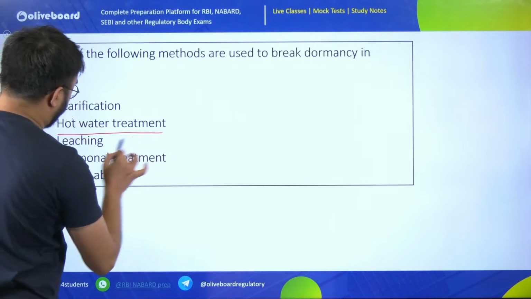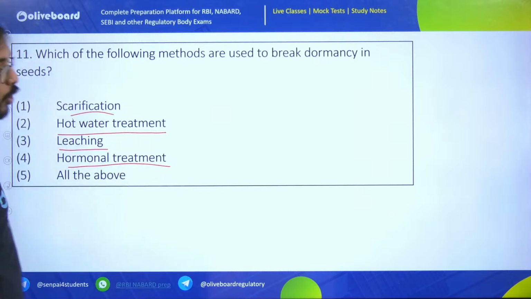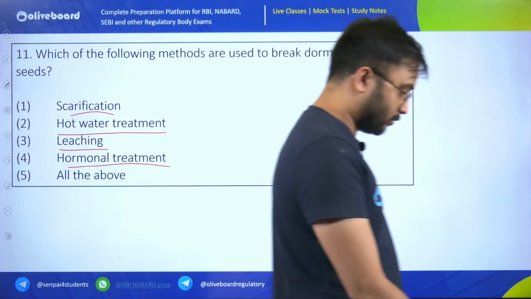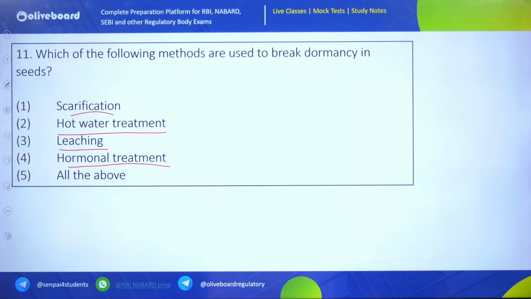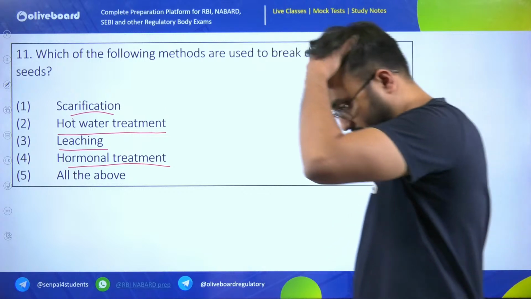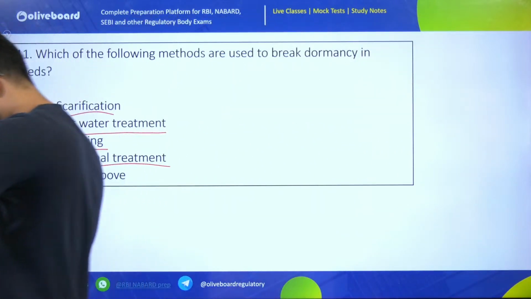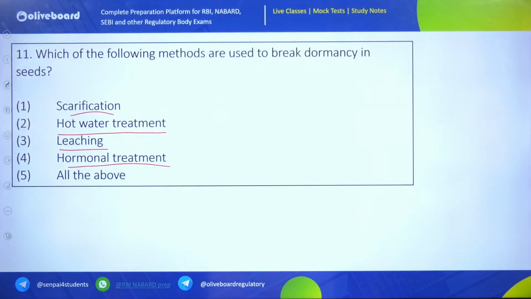Next, which of the following methods are used to break dormancy in seed? Scarification, hot water treatment, leaching, hormonal treatment, and all of the above. What is the answer here?